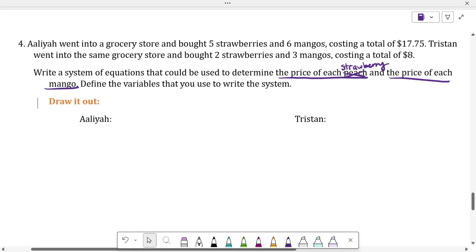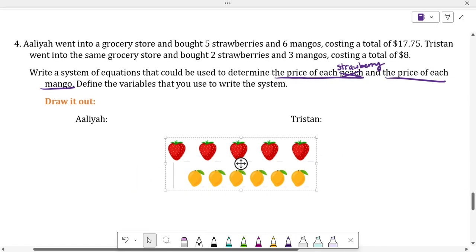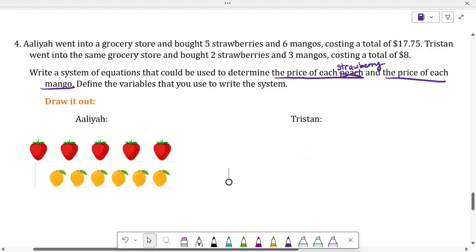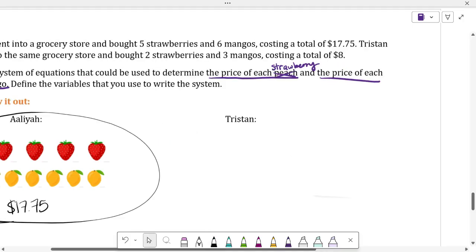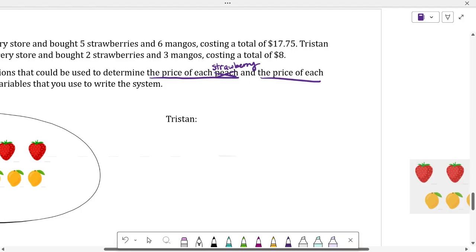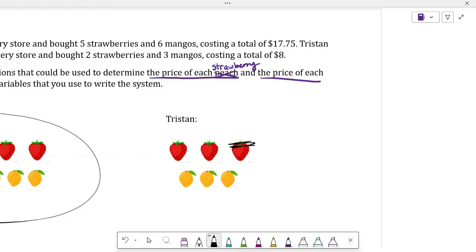So Aaliyah had 5 strawberries and 6 mangoes. 5 strawberries, 6 mangoes. And that cost her $17.75. Tristan had 2 strawberries and 3 mangoes. And that cost him $8.